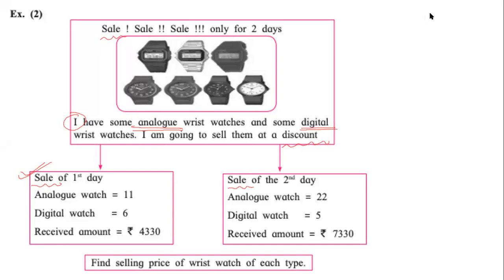Now, again, concentrate on the last line of the question, which is at the bottom, and tell me what quantity we are focusing on. The answer is in the last line. Types of watch?